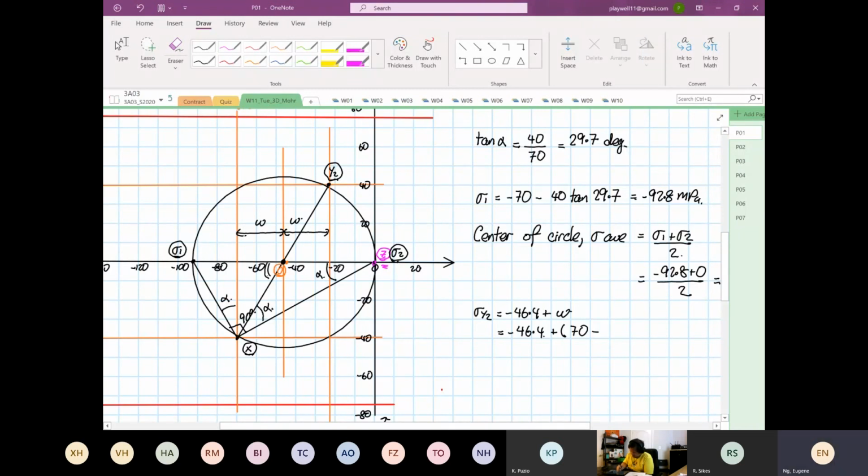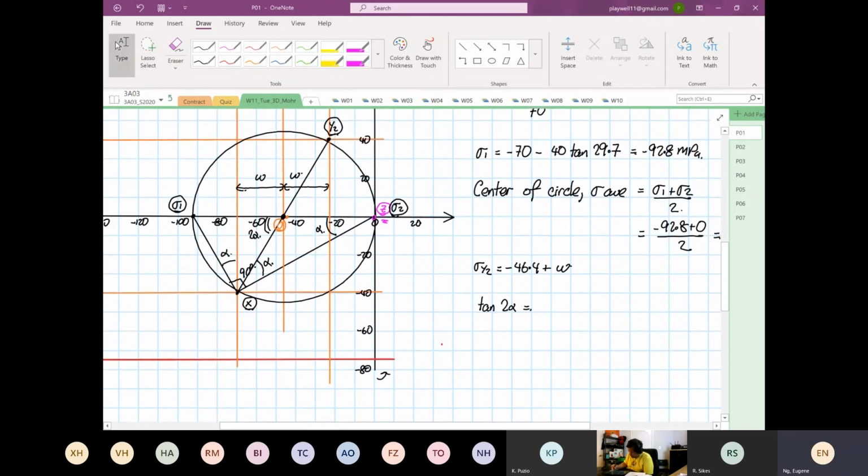This angle over here is 2 alpha, right? So if we have the angle over there, let's find omega first. So omega, tangent of alpha is equal to 40, right? 40 divided by omega.